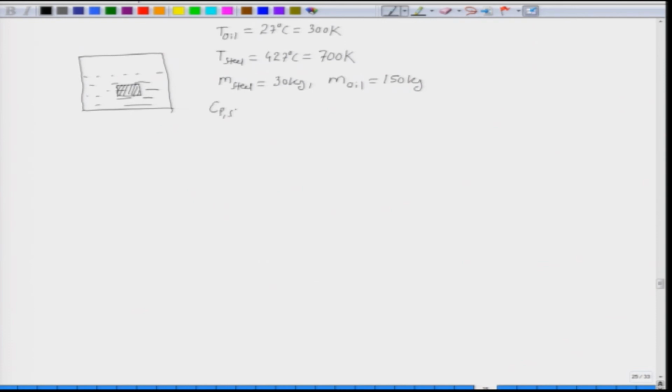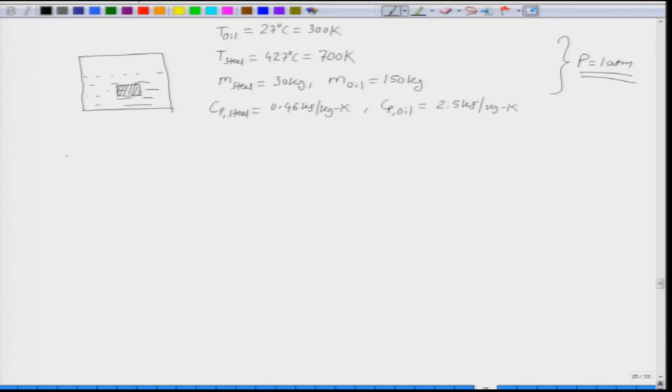So, Cp of steel is given to be 0.46 kilojoule per kg per Kelvin, and Cp of oil is given to be 2.5 kilojoule per kg per Kelvin, and this is occurring at a constant pressure of 1 atmosphere. So, what is the change in entropy is what we need to calculate.